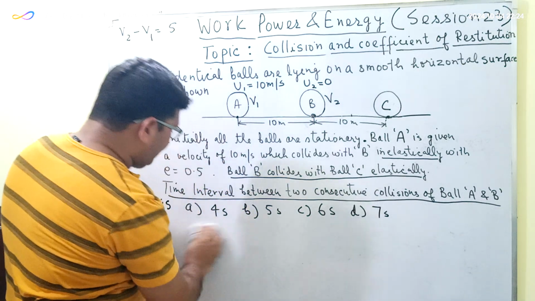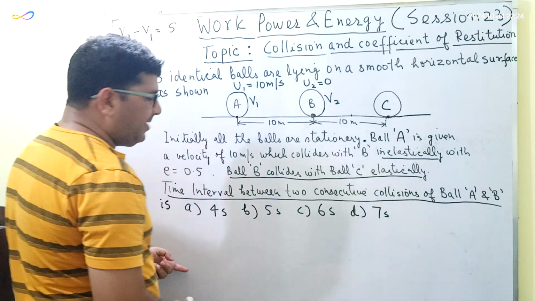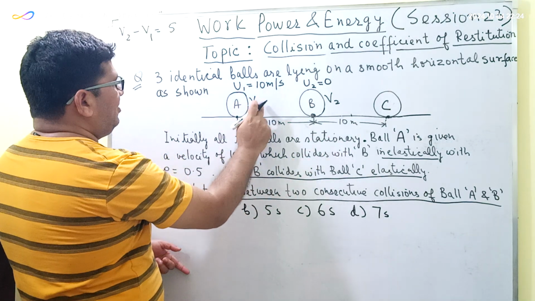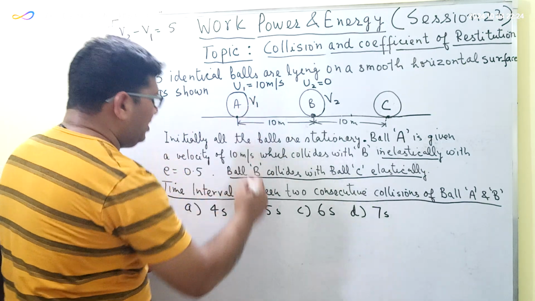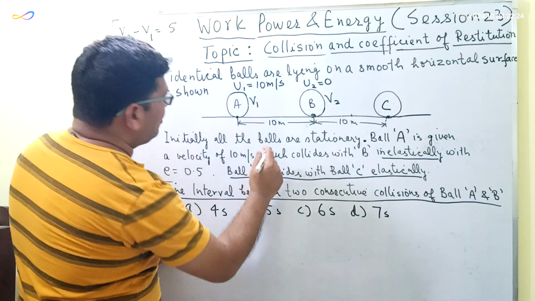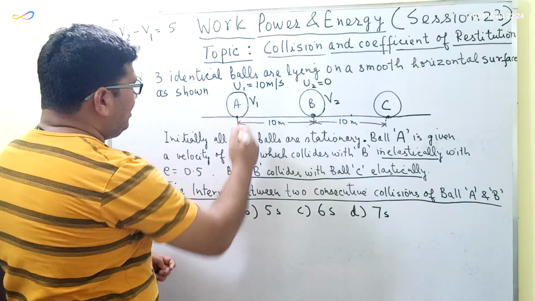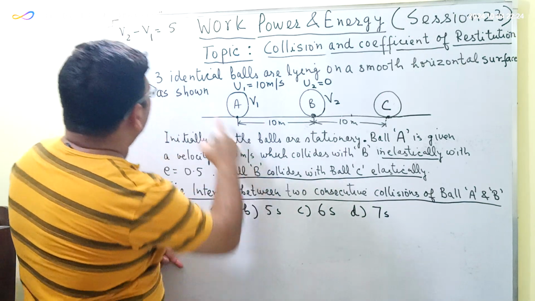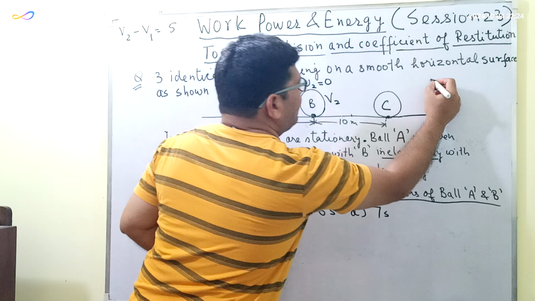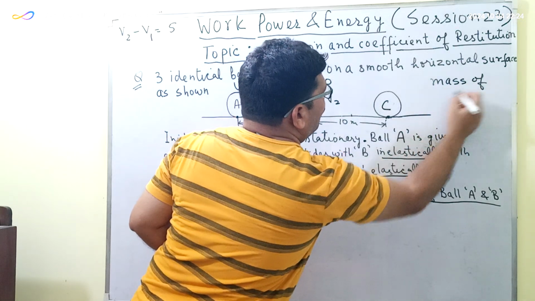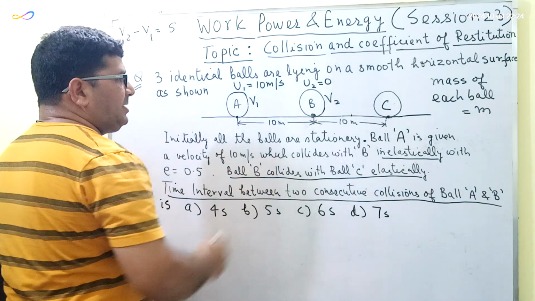Now in any collision, whether it is elastic or inelastic, we can apply the law of conservation of linear momentum. So in the collision of ball A and B, I will use the law of conservation of linear momentum. The total initial momentum will be equal to the total momentum after the collision. Since all three balls are identical, let us say the mass of each ball is m.